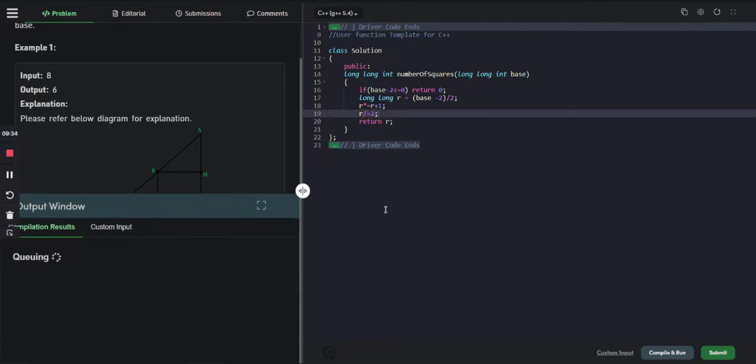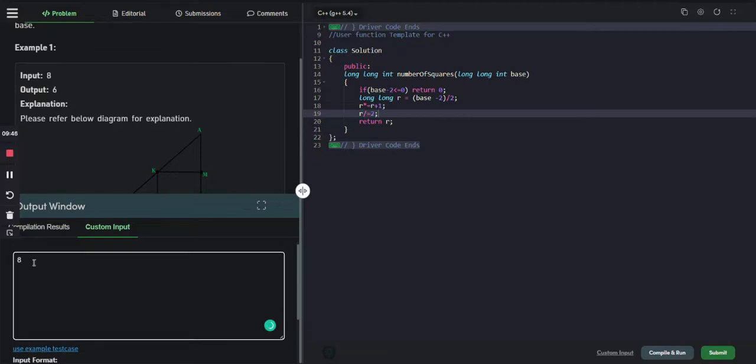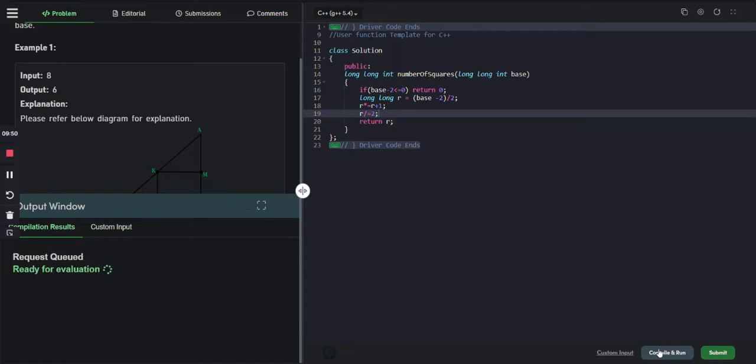Let's see if we are getting the correct answers. For this one, we are getting the correct answer. Now let's try for the case when it is odd. So when it is 7, in that case also we are getting the correct answer.